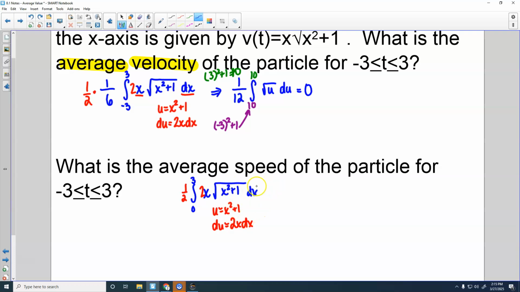If I do this, then I have 1/2 integral of the square root of u du, and I'm going to change my limits here. So I will do 0 squared plus 1, and that will give me 1 for my lower limit.